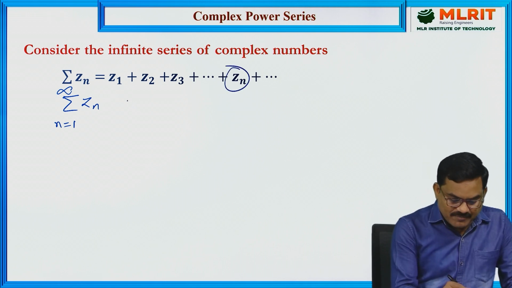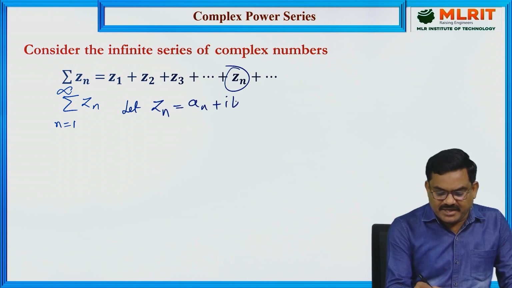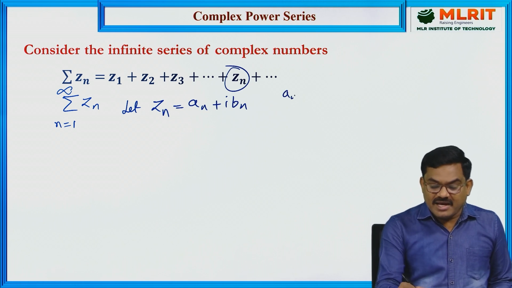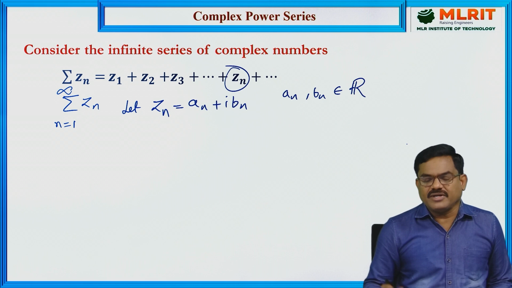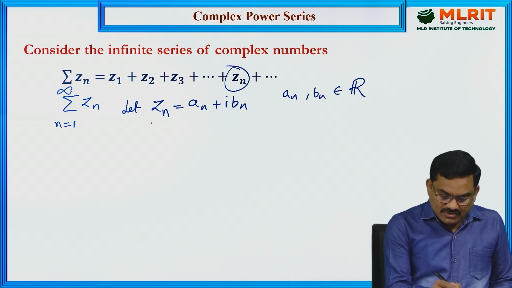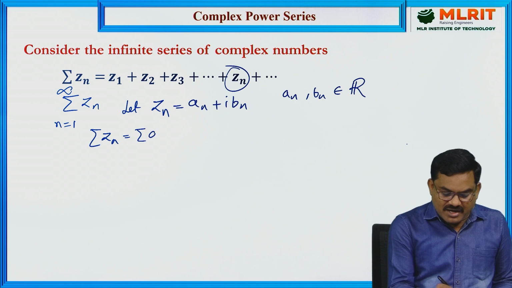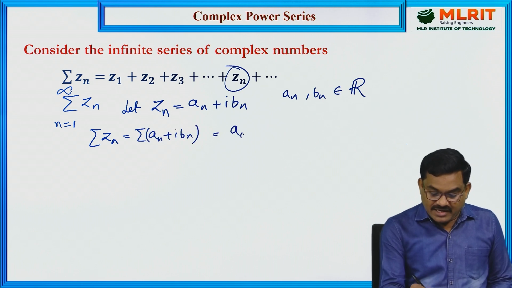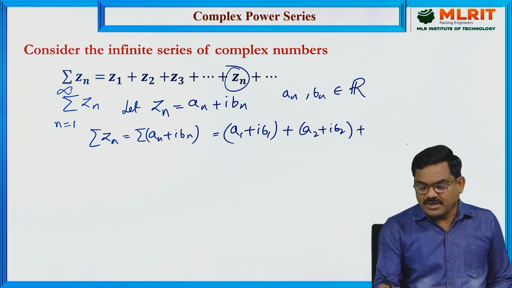Now, for example, let us consider Zn as an plus i bn, where an, bn are real numbers. Now, sigma Zn becomes sigma of an plus i bn, which is a1 plus i b1, plus, for n equal to 2, a2 plus i b2, plus so on.